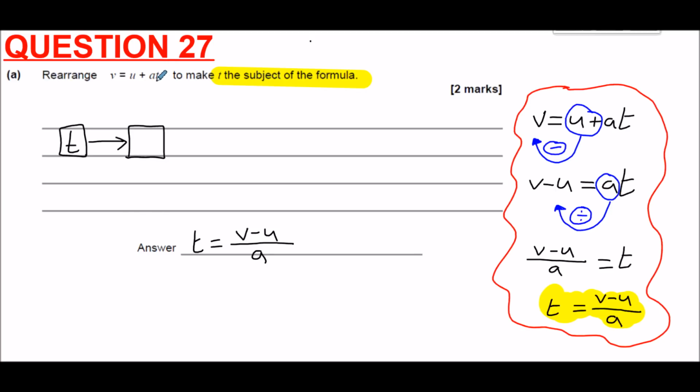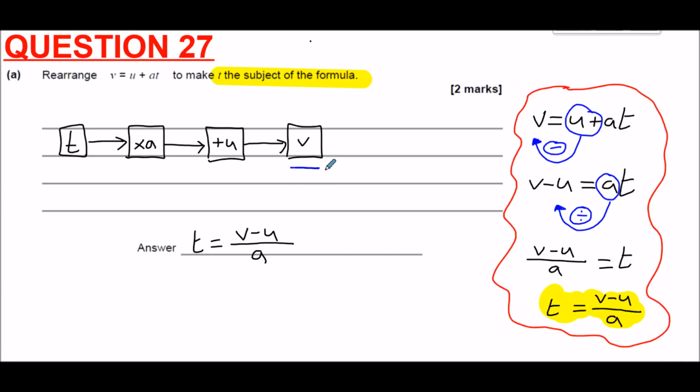The first thing that t interacts with is the a, which multiplies t. At means a multiplied by t. So we multiply by a. After multiplying by a, that's when we add u on. Nothing else really happens, so all of that must equal v.